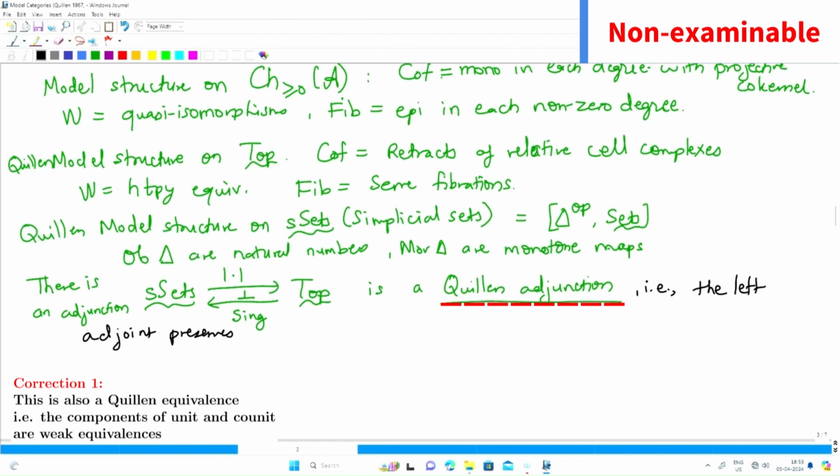This is happening at quite the wrong time, since I haven't described the model structure yet. But it's an adjunction with these two properties.